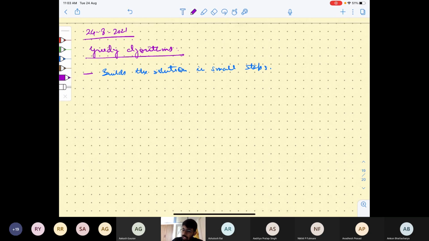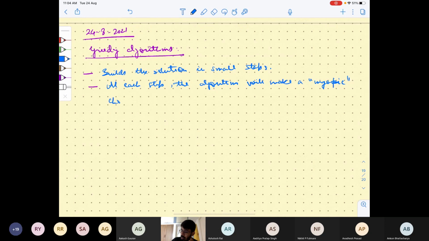Okay, and at each step the algorithm will make some myopic choice. And what do you mean by myopic? Depending upon some criteria.